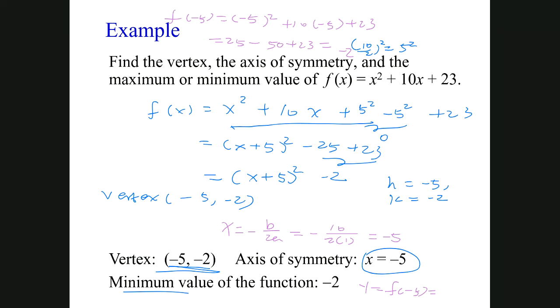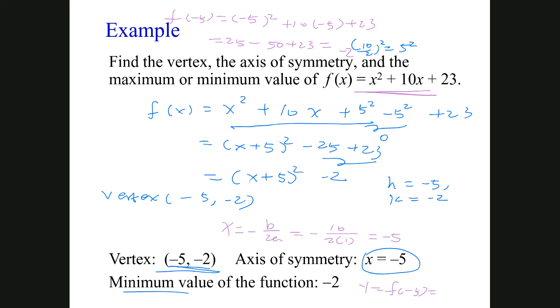So that is using the formula: use negative b over 2a to find the vertex x, and then plug it into the equation to find the y. That is another way to do this, which is quick and easy. For this one, it is easy to complete a perfect square.